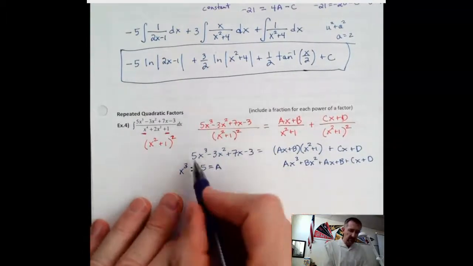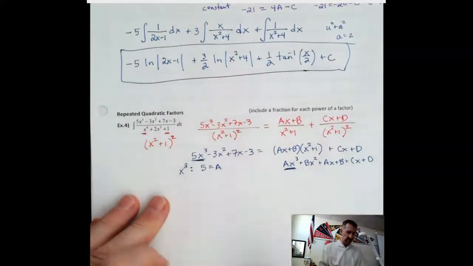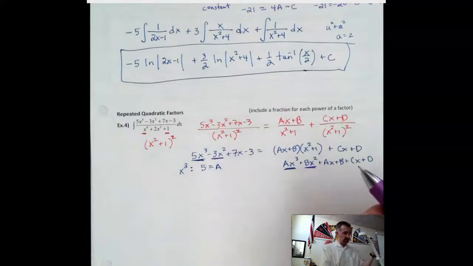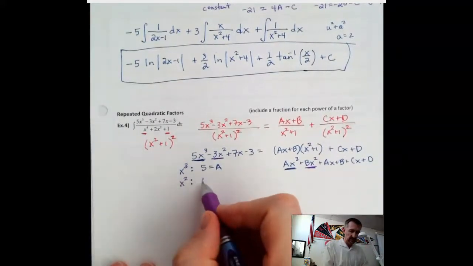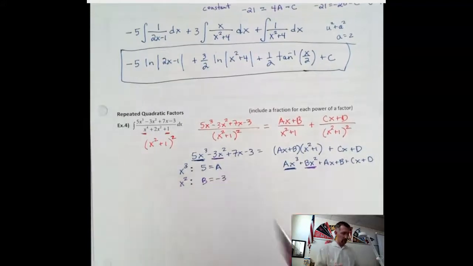Similarly to noticing that the x cubed had to be there, there's only the one x squared term, so b has to be -3.